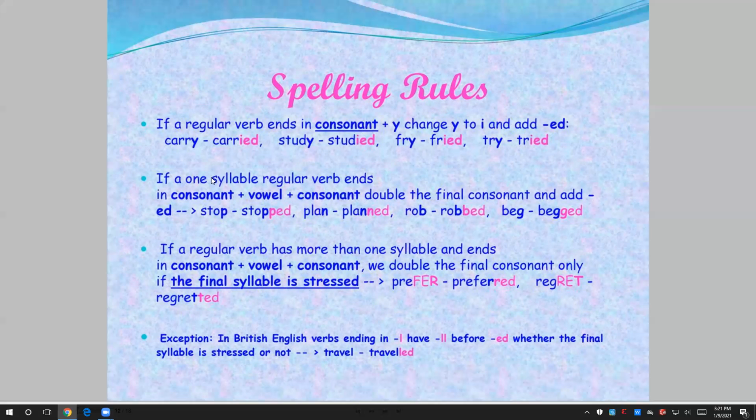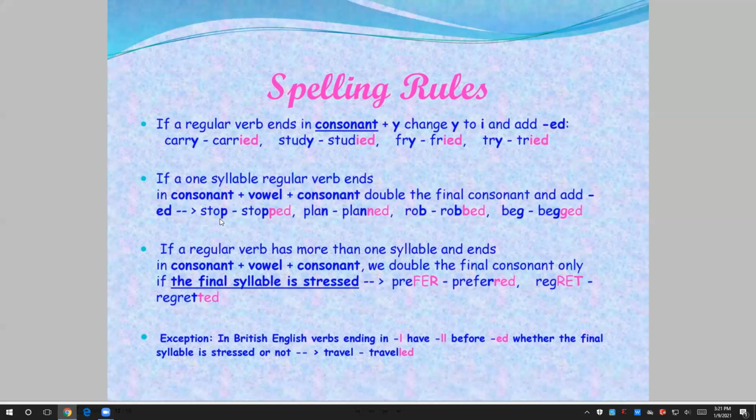Now, if a one-syllable regular verb ends in consonant plus vowel plus consonant, that is the third rule for regular verbs. Examples are stop, plan, rob, bag. A one-syllable word is a word which we can say in one go, and it has one vowel sound in it.